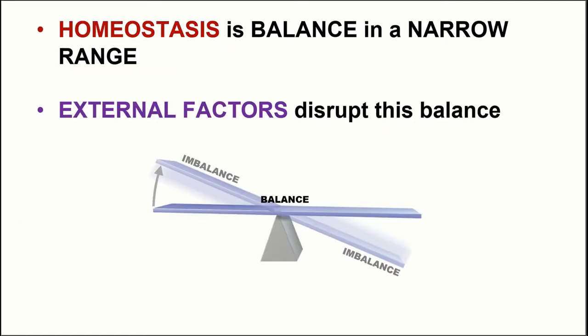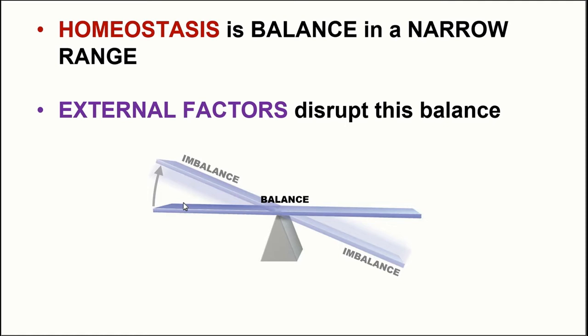So hopefully I've convinced you now that homeostasis is essentially a balance in a narrow range. Another way to look at it is that the book uses a teeter-totter example to describe homeostasis: a balance within a very narrow acceptable range.